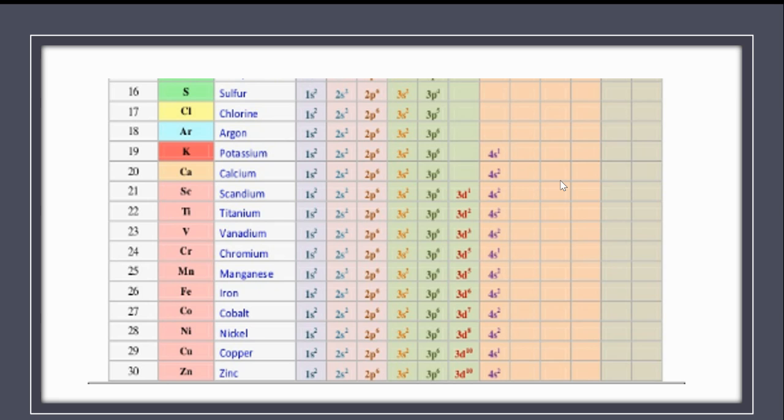Those are chromium 24 and copper 29. The reason is that, to attain stability, half-filled and fully filled d orbitals are stable states. So the last 2 electrons, the electrons present in the 3d and 4s, get rearranged to gain stability. Chromium is half filled, and copper is fully filled.